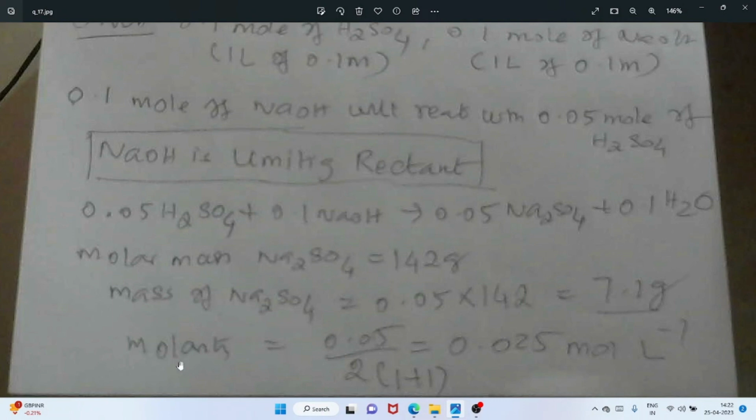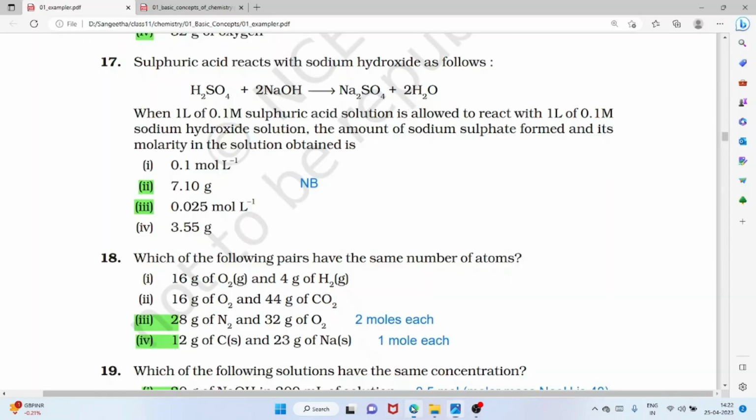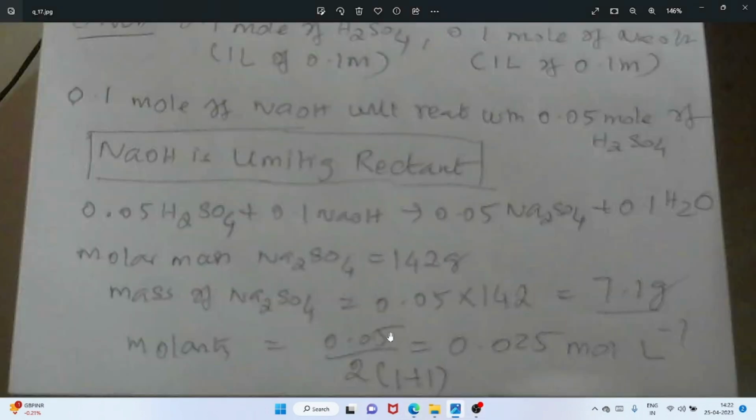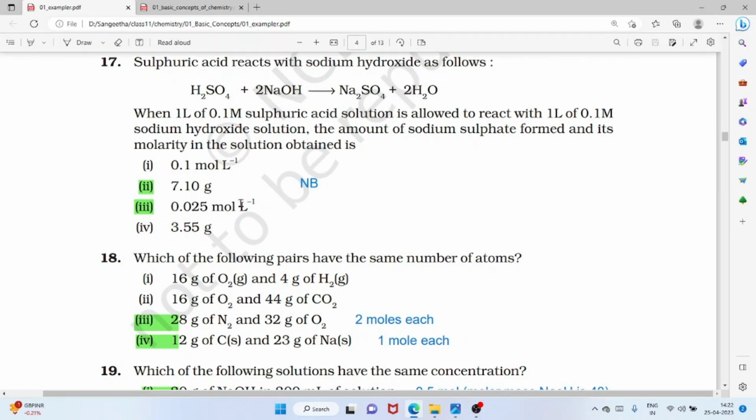From that we can find out the molarity. Molarity is moles over volume of the solution in liters; we have 1 liter of this and 1 liter of this, so this is the molarity. This is the weight of this product and this is the molarity.